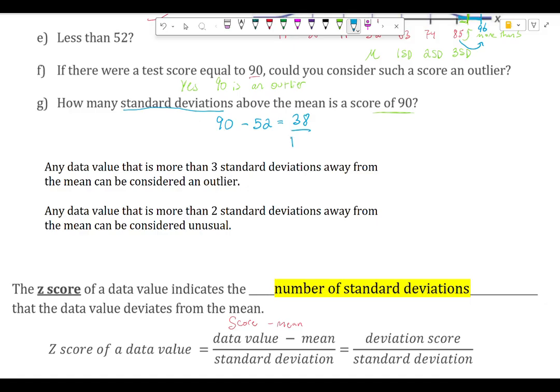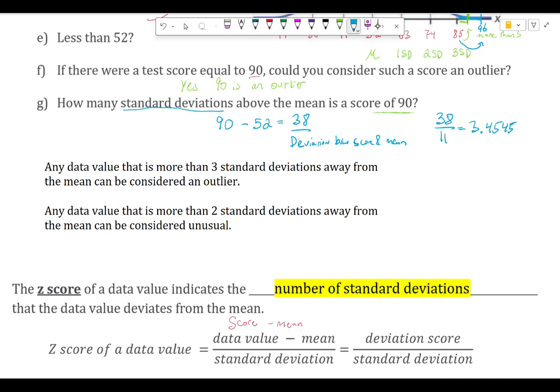So the deviation between the score and the mean is 38. We know that the standard deviation is 11, so we can take that deviation, the change between the value and the mean, and divide it by the standard deviation. This should be between 3 and 4 standard deviations because our value is between 85 and 96. And it is. We end up getting 3.4545, or approximately 3.5 standard deviations.